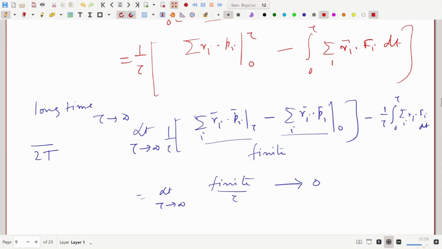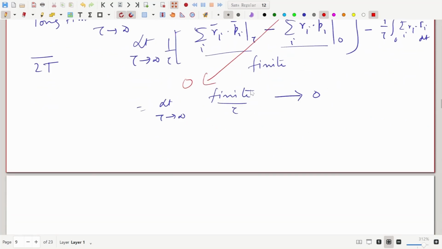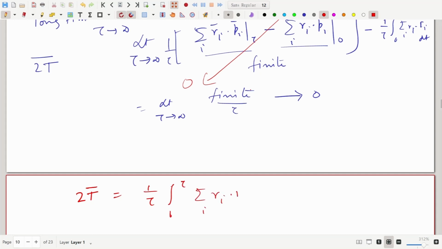So, this whole quantity will go to 0 in the long time average limit. So, when tau goes to infinity, this quantity will be 0, and we will remain with 2T bar equal to the integral from 0 to tau of the sum over i of ri dot Fi dt, in the limit tau going to infinity.